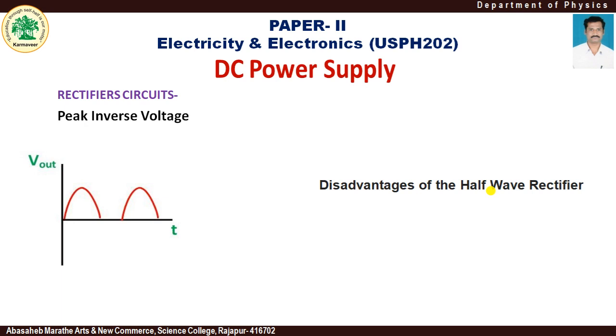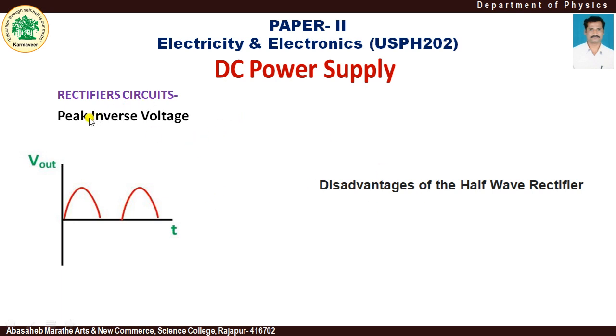This is one of the disadvantages of the half wave rectifier. The second one is the efficiency. The efficiency of the half wave rectifier is very low. We will find it out in the next article.